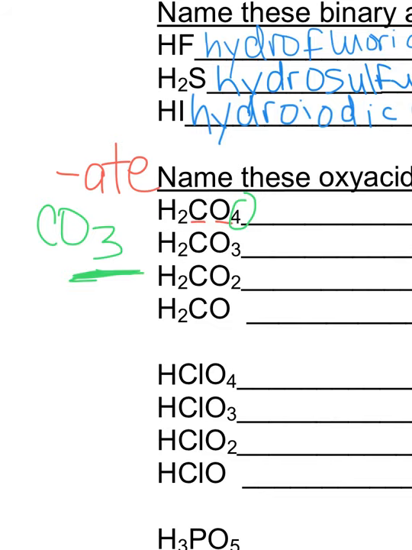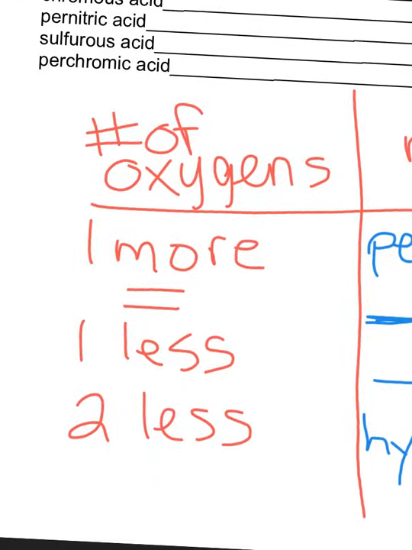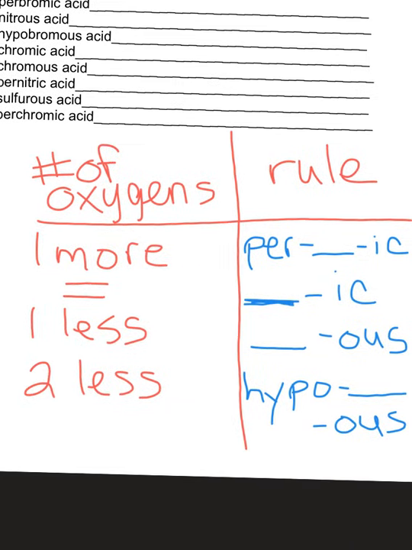4 and 3. So what rule applies? Our formula has 4 oxygens. The carbonate ion only has 3. So our ion has 1 more oxygen than the reference point ion. So per root ic.